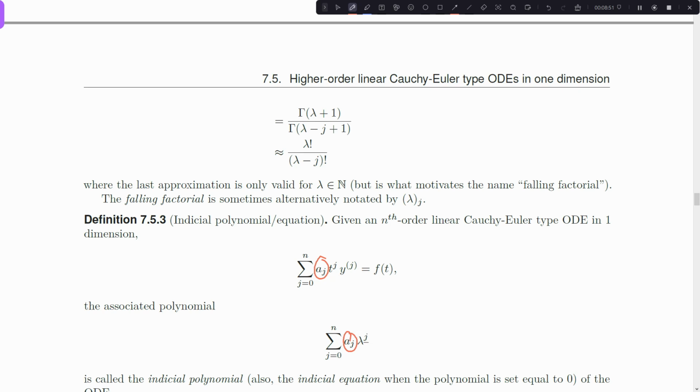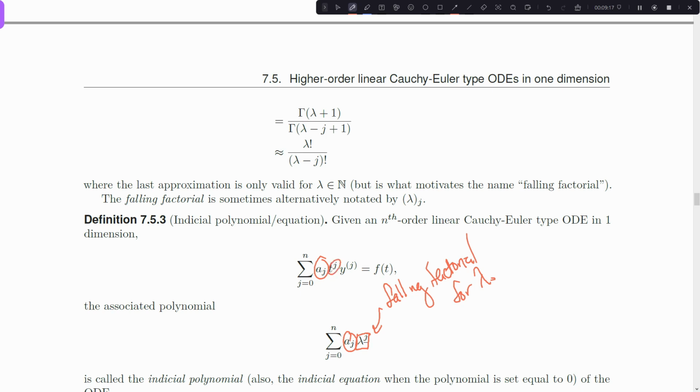But now instead of just lambda to the j power, I'm using the following factorial for lambda. So this is very, very similar to constant coefficient problems, but I'm modifying my powers of lambda into the falling factorial powers of lambda with Cauchy-Euler type.